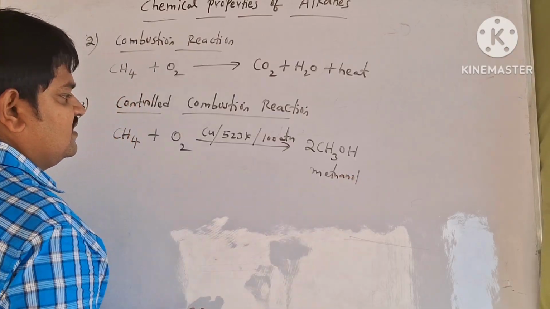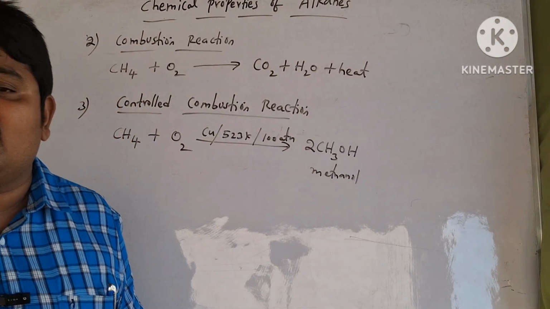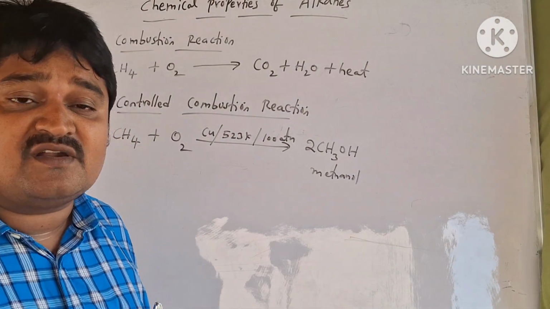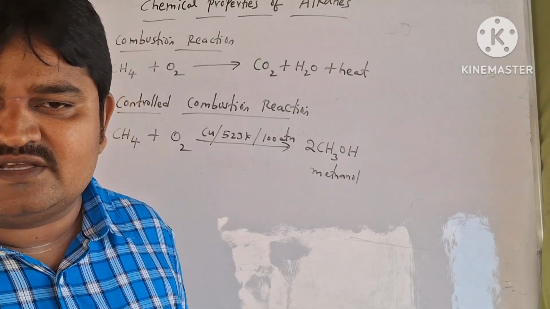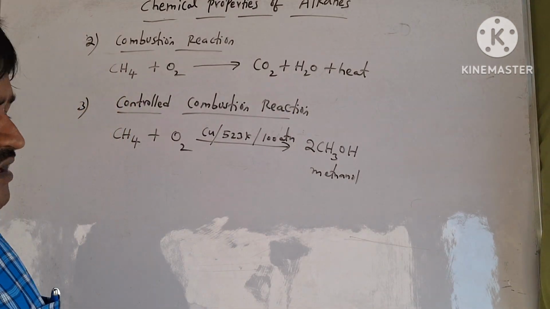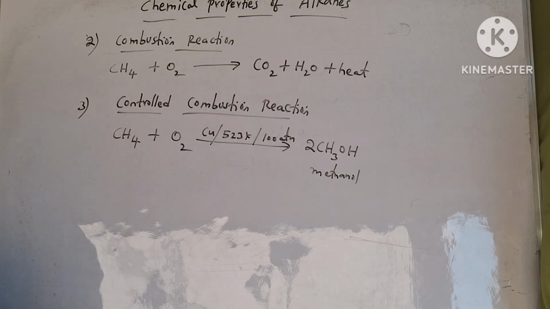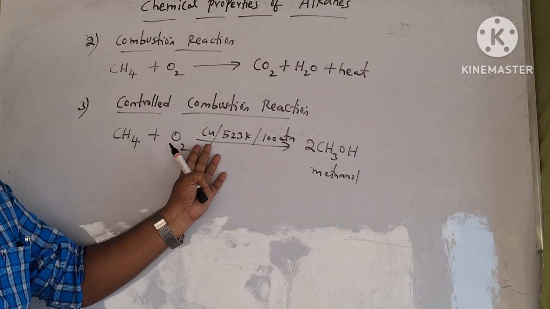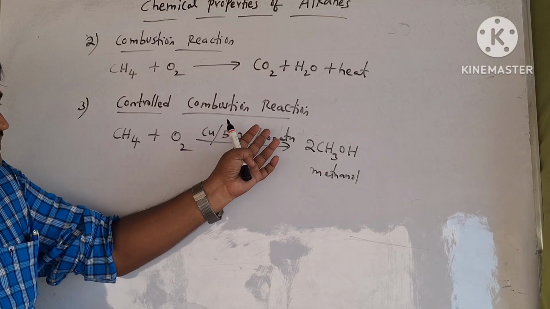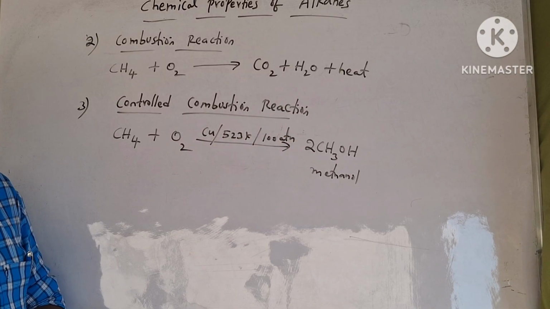This is one type of alcohol, because it has the functional group OH. OH is nothing but alcohol. It is a methyl alcohol and it is also named methanol. This reaction is named the controlled combustion reaction. We will control by temperature and pressure. We will get the corresponding alcohol.